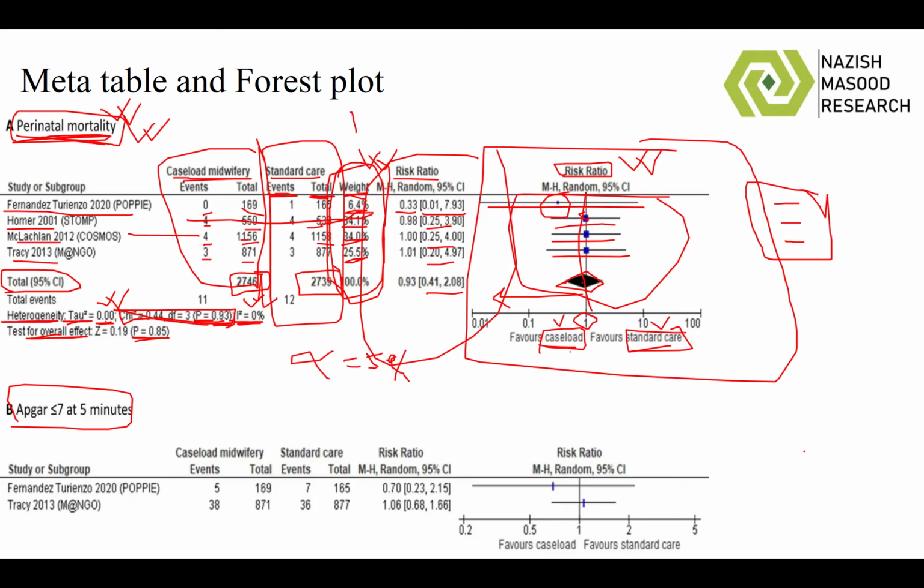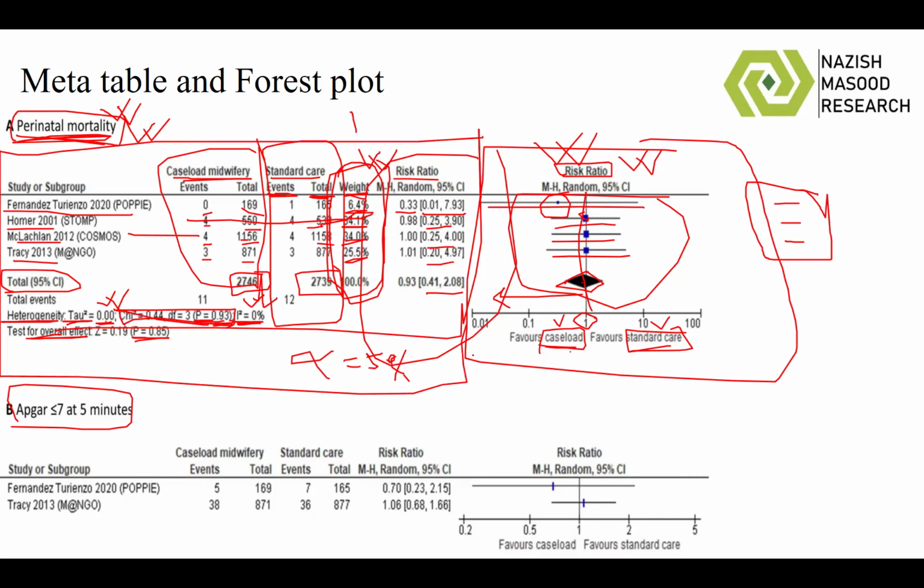I've tried to explain the forest plot, which is this graph, and I've tried to explain this table of the meta-analysis for just one of the analyses. This is one analysis which is perinatal mortality. And there is another subgroup analysis that they did, which was for APGAR score.